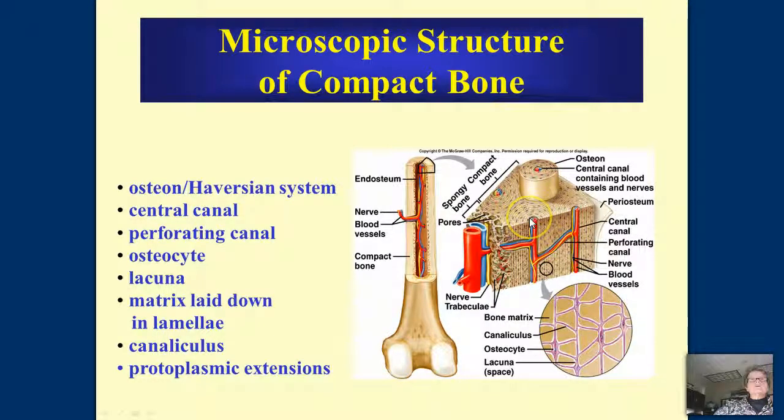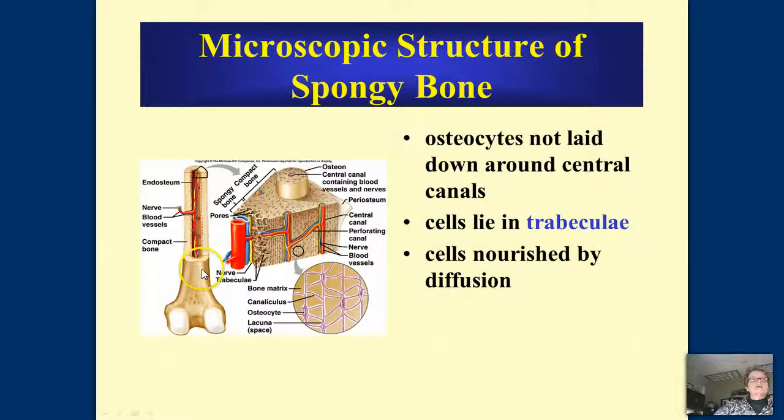The nutrients, the oxygen, and things needed by these living cells diffuse through the bone, through the canaliculus, to the living cell of that bone. So there are parts of the bone that are living, and that is the osteocytes. There are 3 different types of bone cells, but right now we're just going to look at the osteocyte.